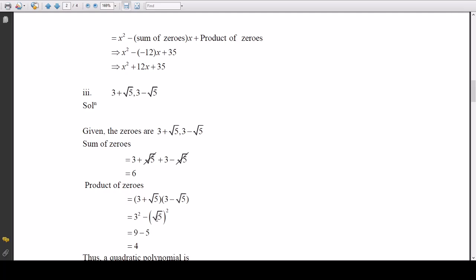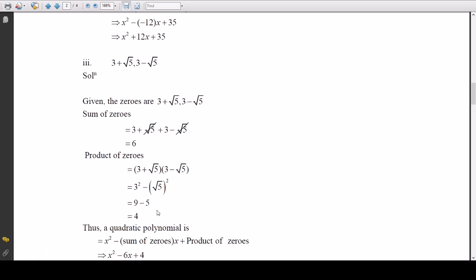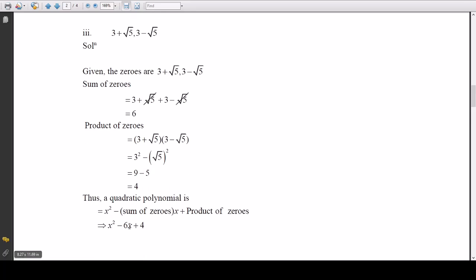Why? Because the order of the radical is 2 and the power is 2, therefore the radical sign can be removed. We'll have only 5. Now 9 minus 5 is how much? It is 4. Thus the quadratic polynomial will be x square minus sum, which is 6, x plus product, which is 4, that is x square minus 6x plus 4. Clear?